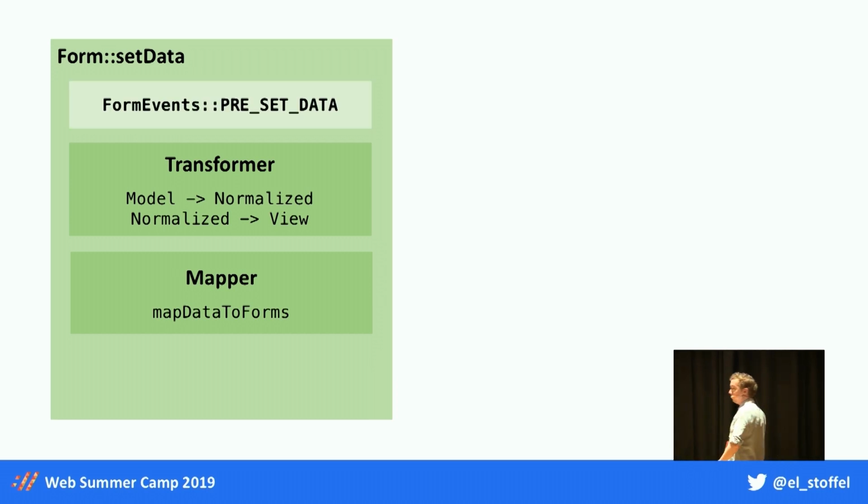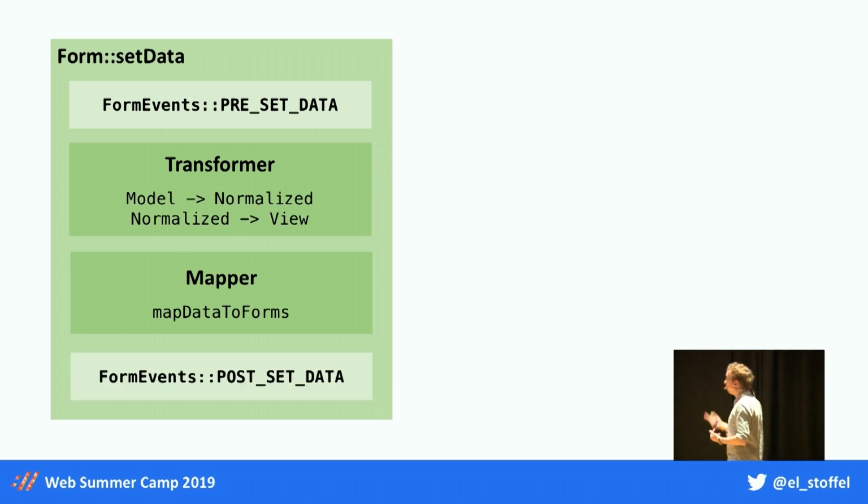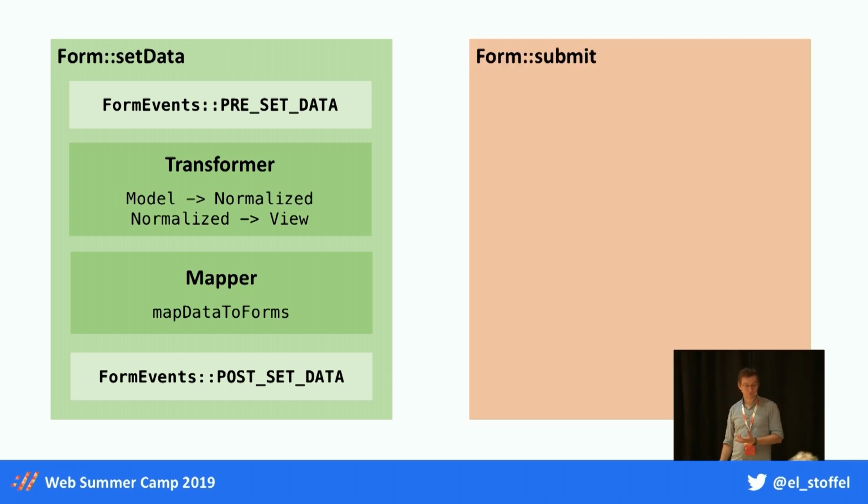There is a pre-set data event, and we can manipulate the structure of the form, for example, if we want to remove something, or maybe add another field. And there is a post-set data, which is dispatched after the data is mapped into the view.